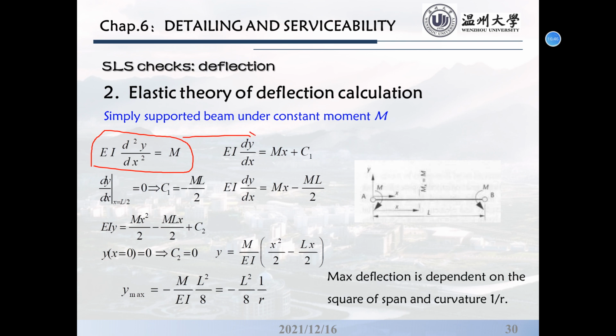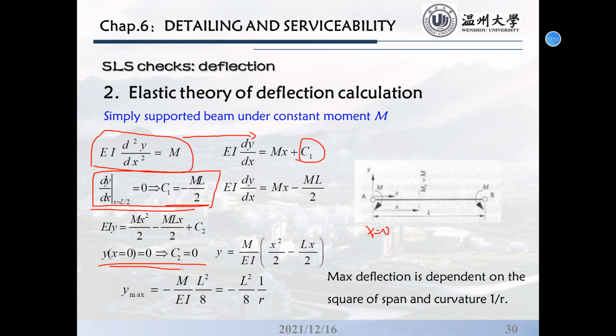So look here. This is the basic formula. We transfer to this one and use these conditions. We can obtain these values. And what else, use x equal to 0. This is the simply supported beam, right?